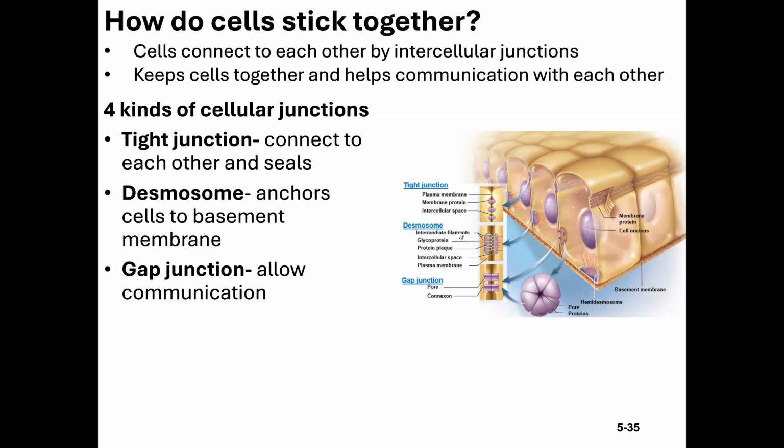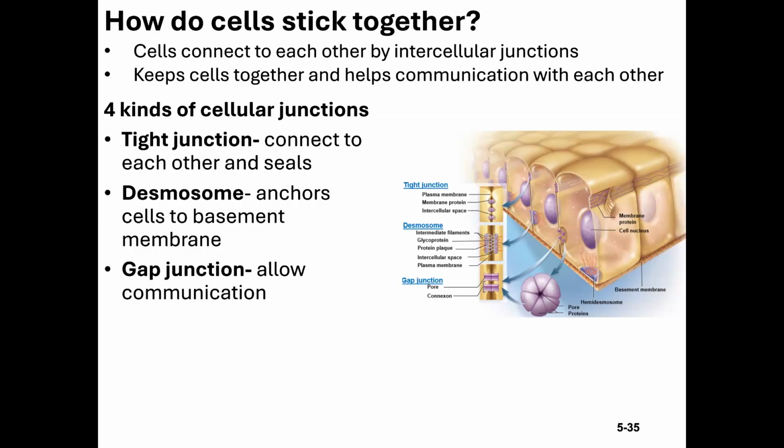And there are gap junctions. So the gap junctions help the cells to communicate with each other. Because cells have to communicate with each other because they all are working together for a common purpose. So when you have cells working together with a common function, what do you call that group of cells?